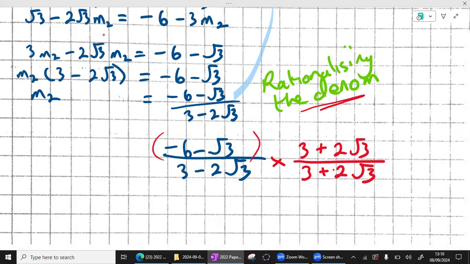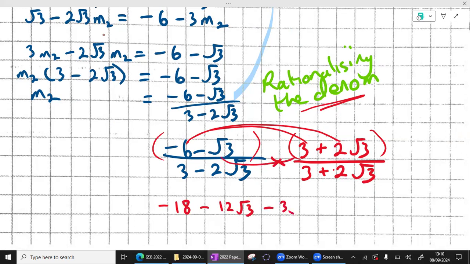So multiplying out the top line, I have minus 6 by 3 minus 18. Minus 6 by 2 root 3 is minus 12 root 3. Minus root 3 by 3 is minus 3 root 3. And minus root 3 by positive 2 root 3 is minus 2. Root 3 by root 3 ends up being 3.